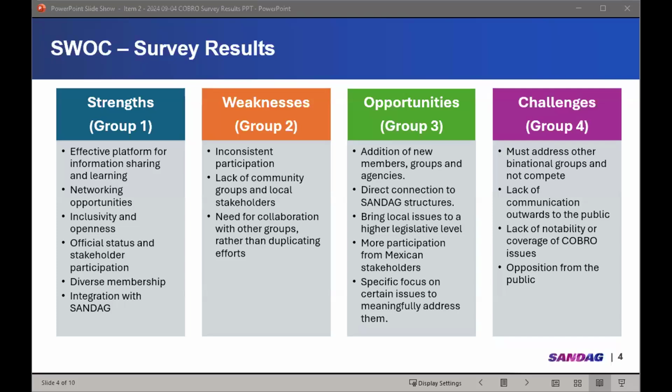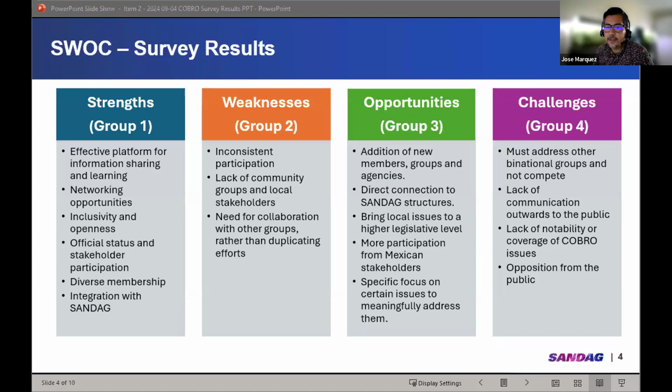Jose, I saw your hand went up. Yes, adding to what Jacqueline was mentioning, I didn't know that there were 84 members of COBRO. But every time we're going for federal funding or grants or state grants, I think we can use this forum to seek letters of support.